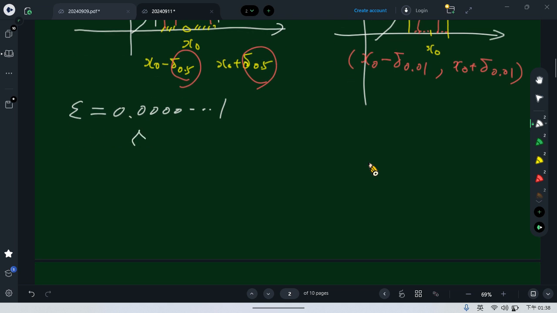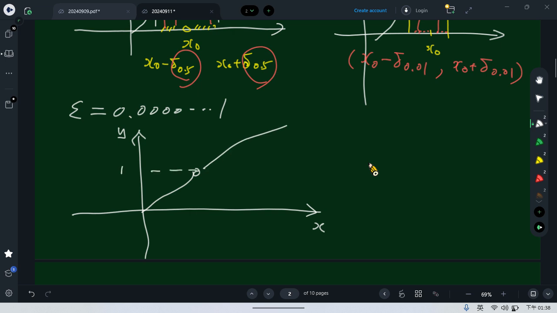Again, this is L, but this time the epsilon is very small, so the range using L as a center is very small. But even so, I still can return a delta. The delta here is 0.000 and so on, 1.